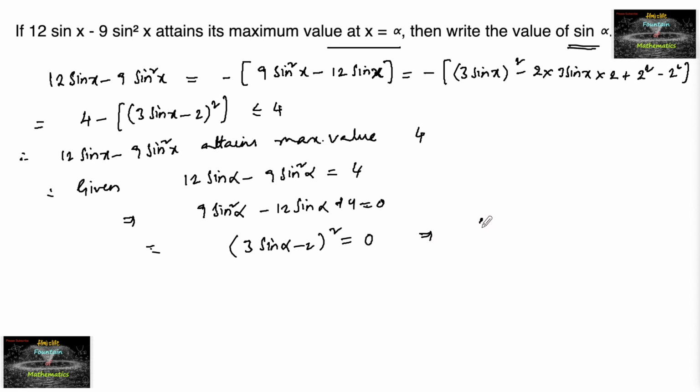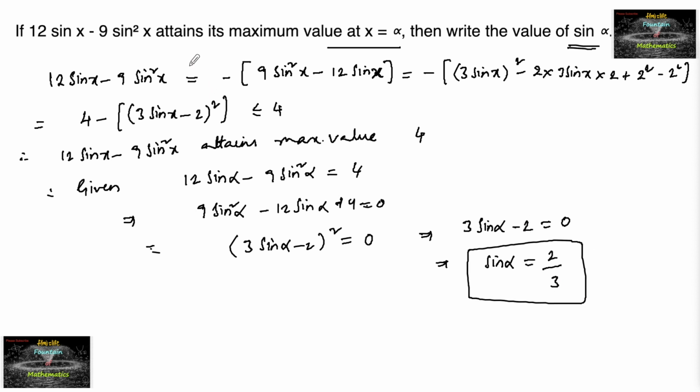So this implies 3 sin alpha minus 2 is equal to 0, or we can write sin alpha is equal to 2 upon 3.